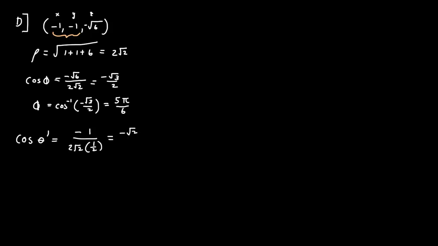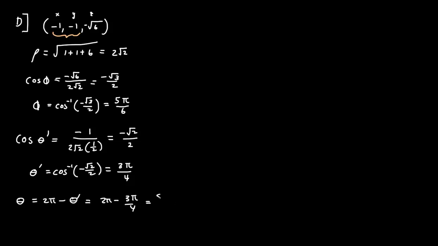That's going to simplify to be negative radical 2 over 2, and consequently theta prime is the inverse cosine of negative radical 2 over 2, which comes out to be 3 pi over 4. Great. And so now our theta is going to be 2 pi minus theta prime, which is 2 pi minus 3 pi over 4, and that's going to come out to be 5 pi over 4.